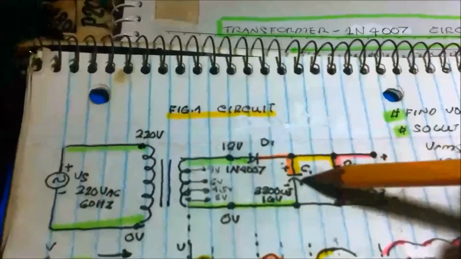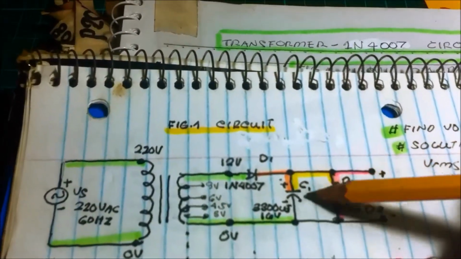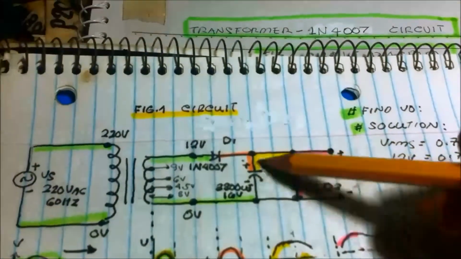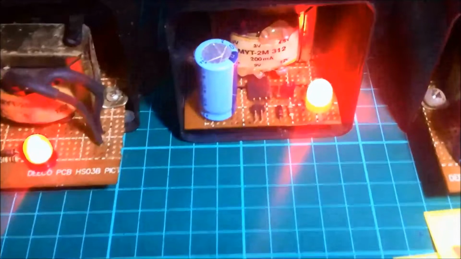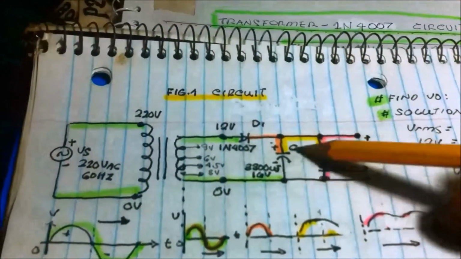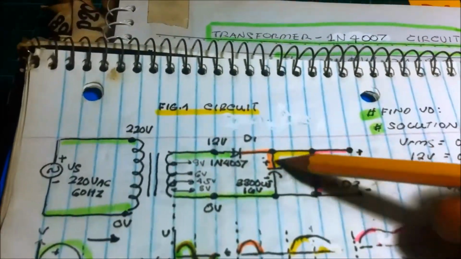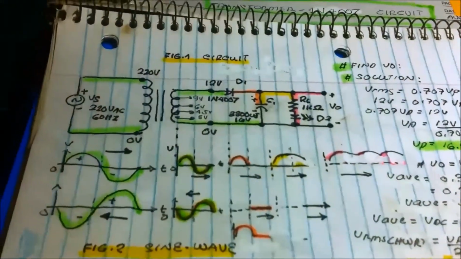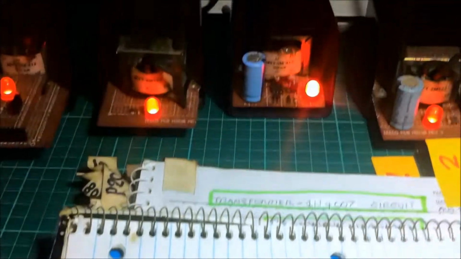It's steady because of adding the capacitor to the circuit, making the LED not blink, making this a steady light for the LED because of the introduction of the capacitor. And that is our third project.